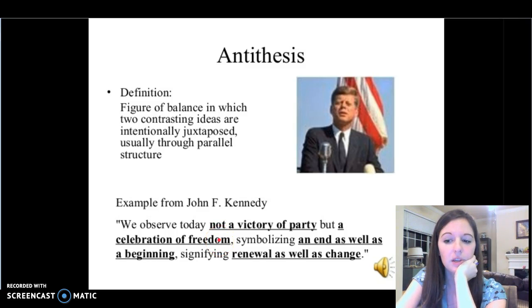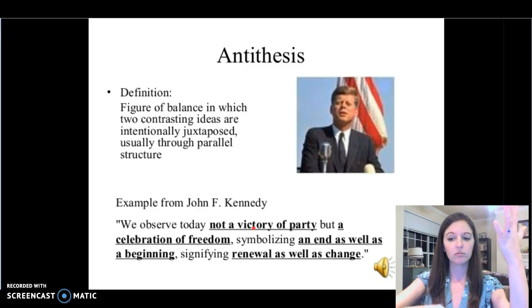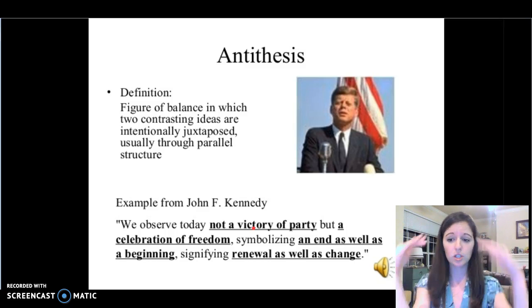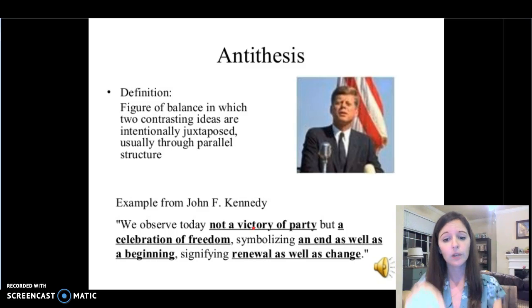Now, this isn't completely opposite, but it is opposing if you really think about it. In victory, you have a winner and a loser, and the loser is often oppressed by the winner. That's the opposite of freedom, which suggests that people are completely equal. So victory and freedom are ultimately contrasting.